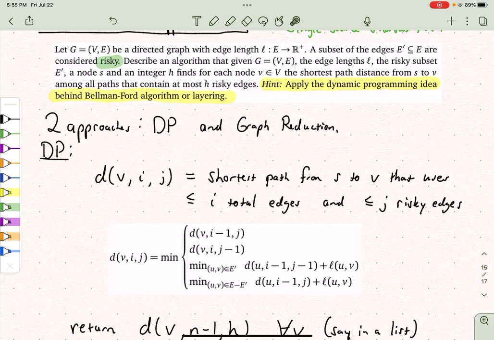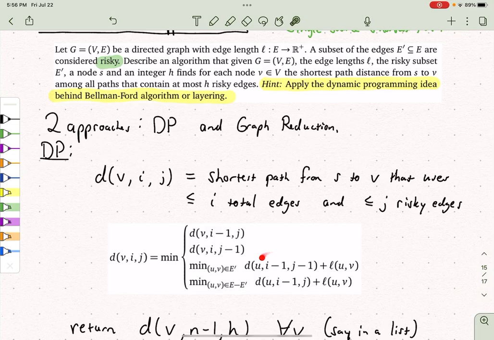And we'll get almost identically the Bellman-Ford recursive formulation, where we can choose to just skip an edge. We haven't changed anything. We can choose to skip an edge and also decrease the amount of risky edges we can use. Or we'll try using a risky edge. That's what E prime represents.